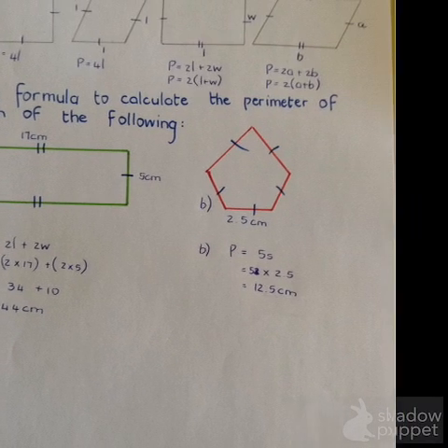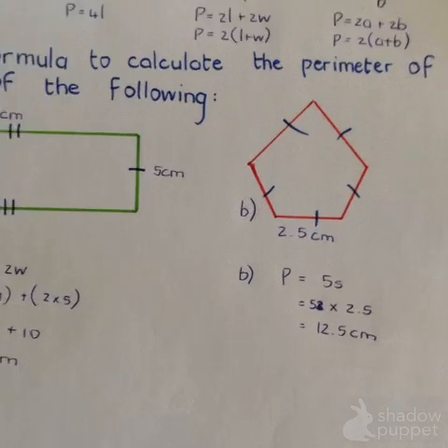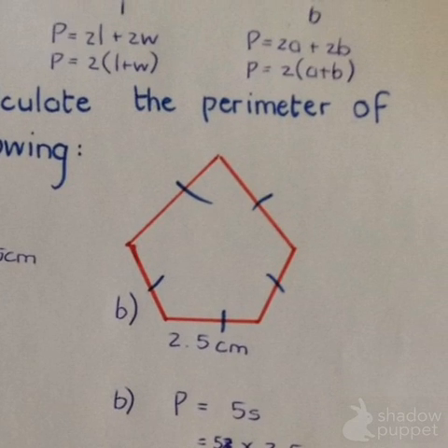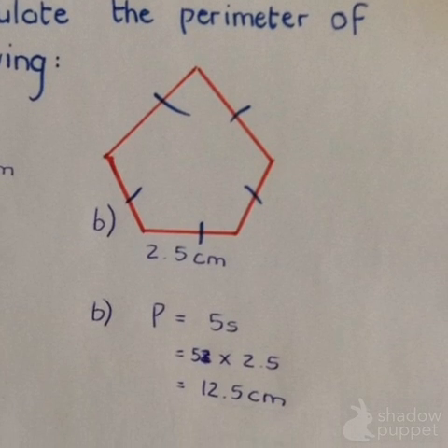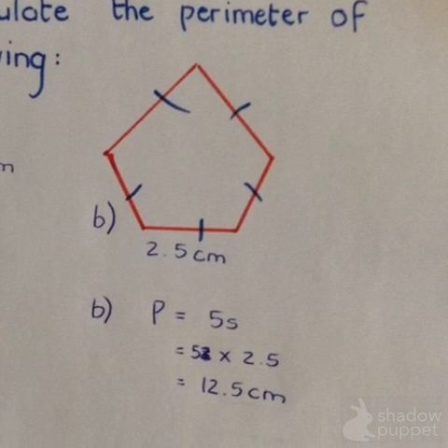If we have a look at the other one, this is something that I want you to make note of. If you have a shape that has got all the same sides, and you're going to get a few of them, what I want you to write is P equals 5S. That would mean there are 5 sides, and S is sides.